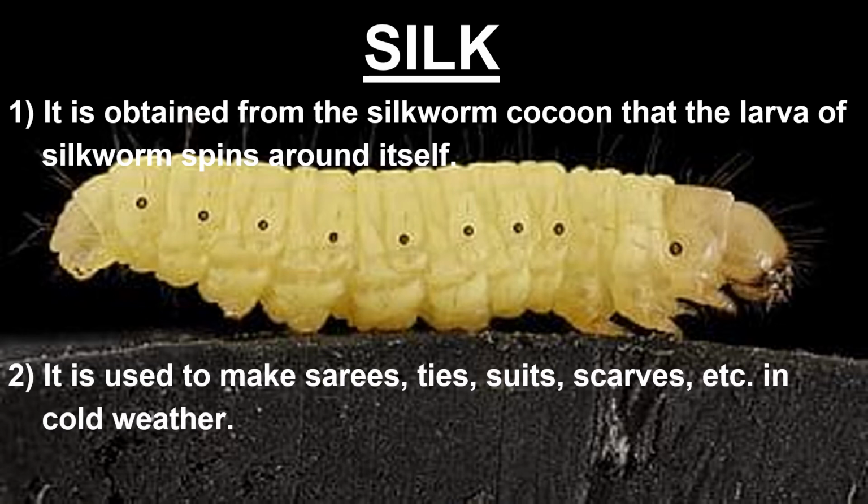And we all know that silk is used to make sarees, ties, suits, scarves, etc. As silk doesn't allow our body heat to escape, it keeps our body hot and it is used especially in cold weather.